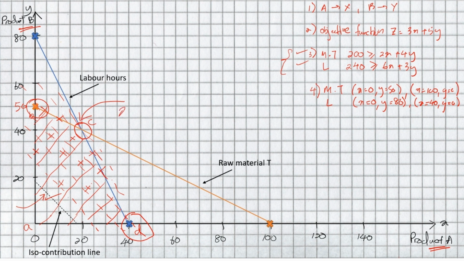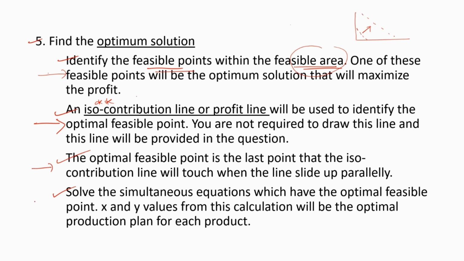So how can we find the x and y values for the optimal feasible point? Let's go back and see. Solve the simultaneous equations which have the optimal feasible point. The x and y values from this calculation will be the optimal production plan for each product.